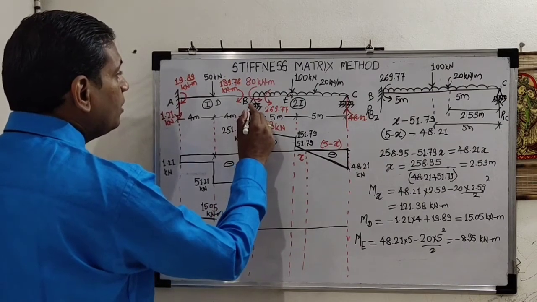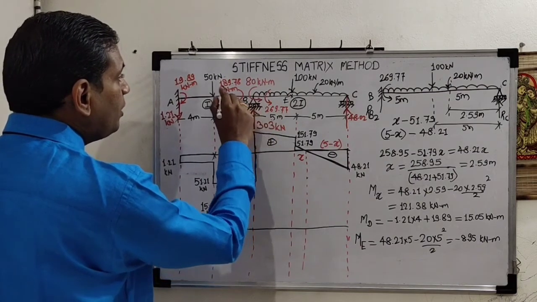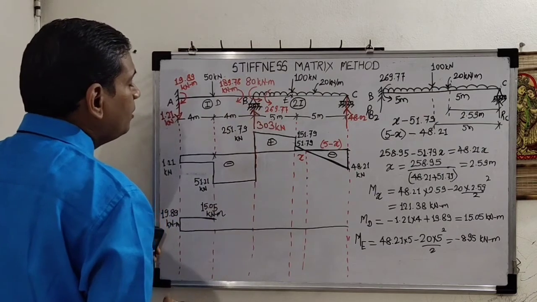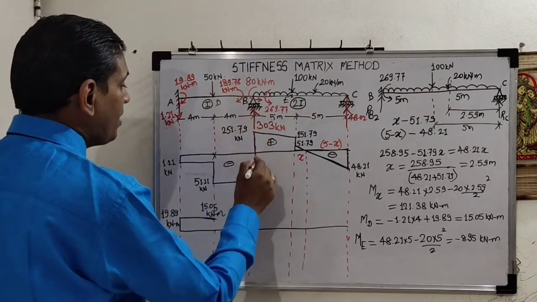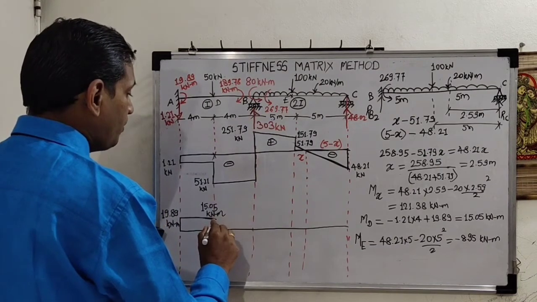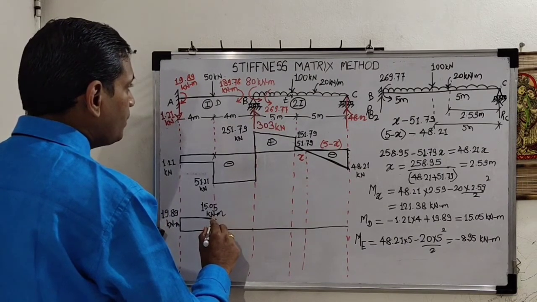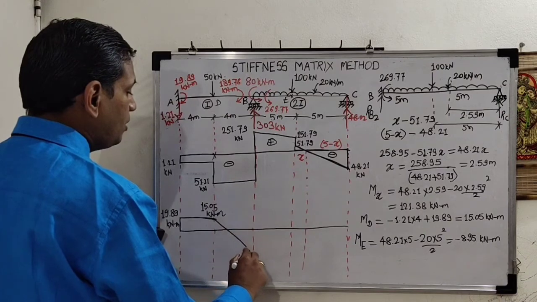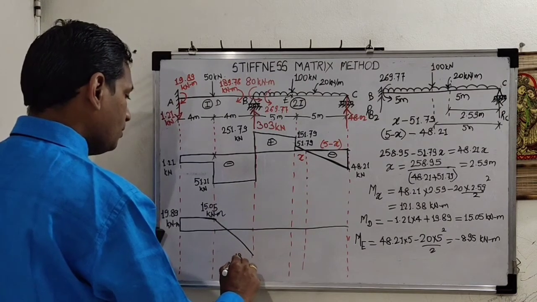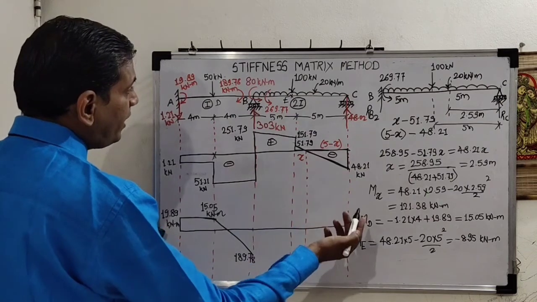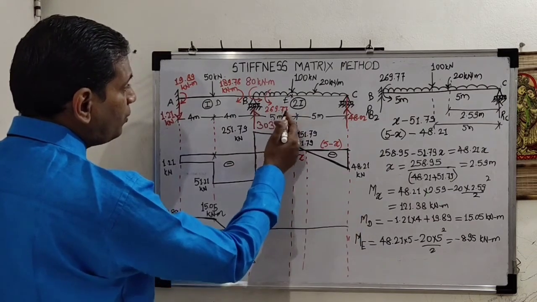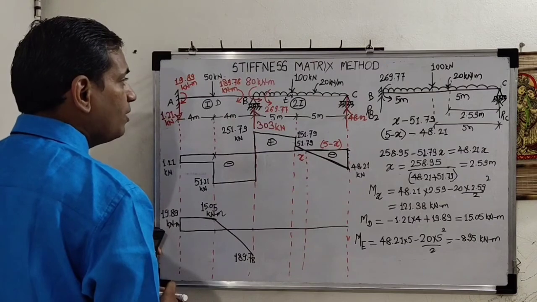Then just on left of B it is 189.79, but it is clockwise on right hand side of this section, so it will be minus. Please remember. Just on the right hand side we have anticlockwise 269.77.